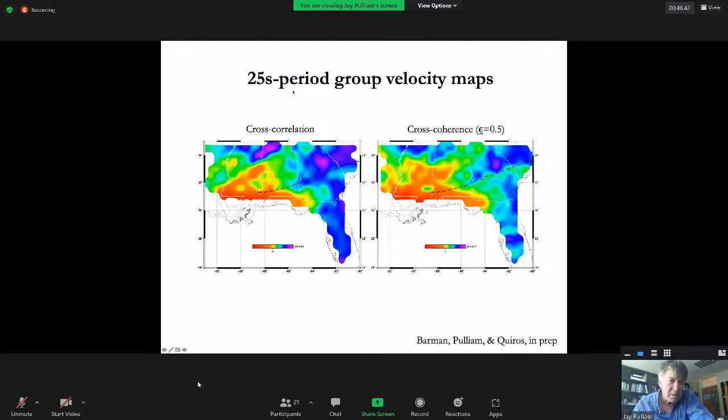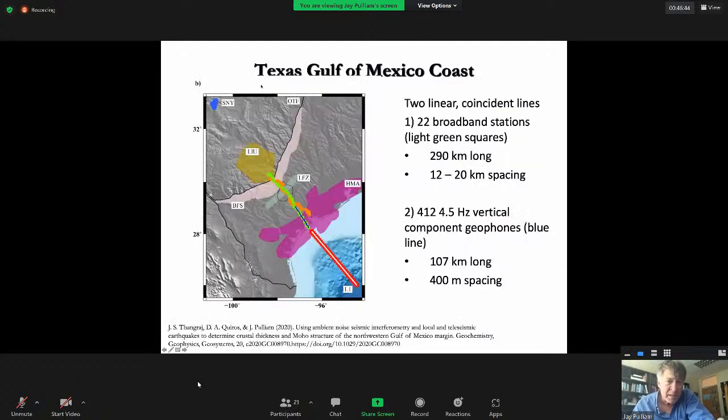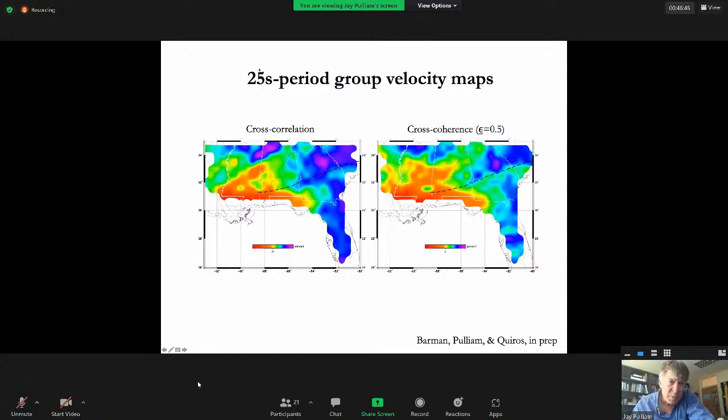And by the way, this is for 25 seconds, and 25 seconds has a peak sensitivity of about 20 kilometers, maybe 15 to 20 kilometers depth. So that's kind of mid-crustal, mid-lower crust. That's where this detachment fault is located. So this makes good sense. You could argue that it's there, but it's not nearly as clear with the cross-correlation results as it is with the cross-coherence and beamforming.